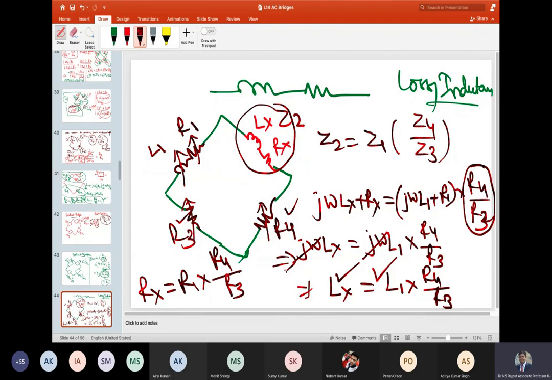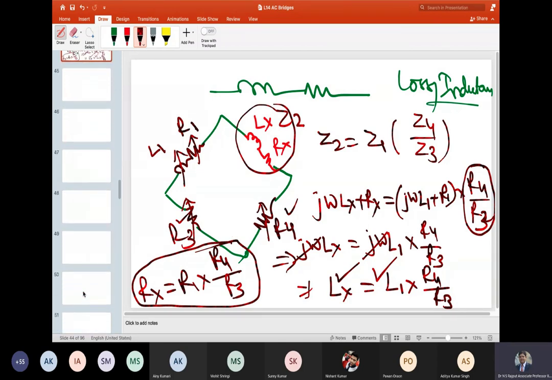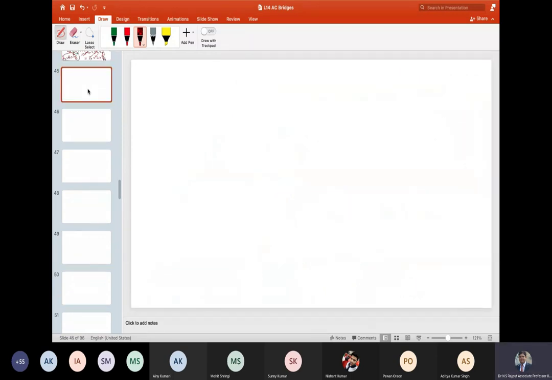So in this way, you can see that you are able to measure unknown resistance, the real component of the unknown impedance, as well as the imaginary component of the unknown impedance, right? So this is the beauty of bridges with which we can work, correct?